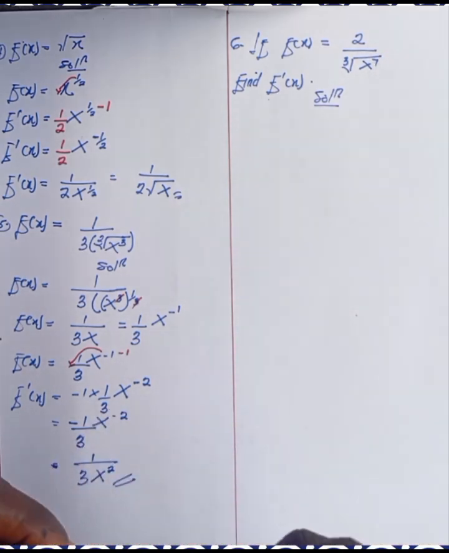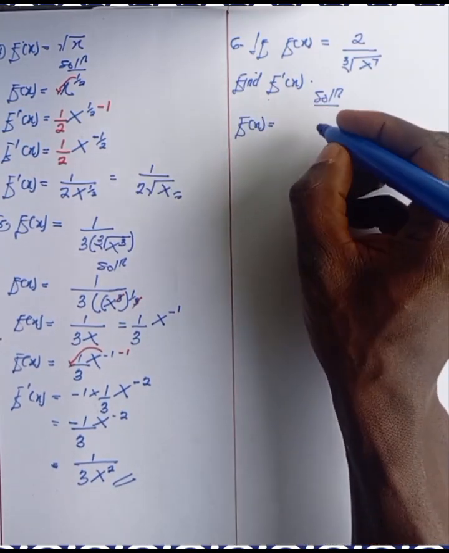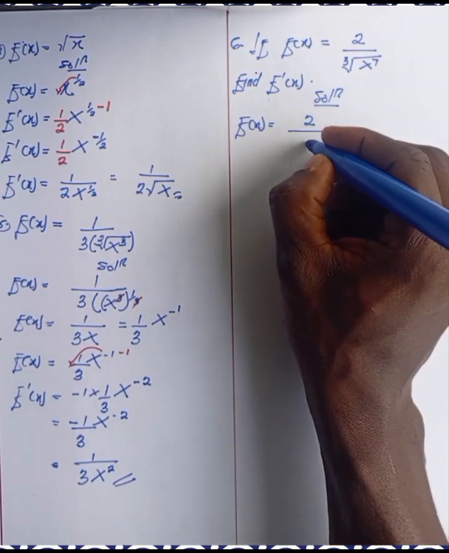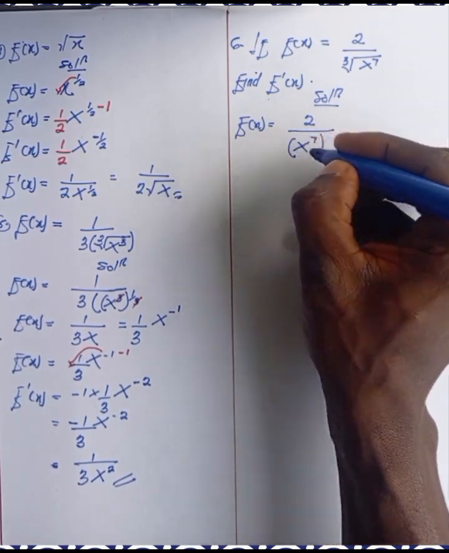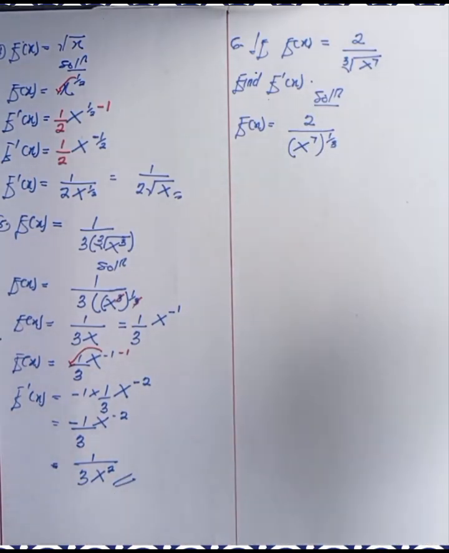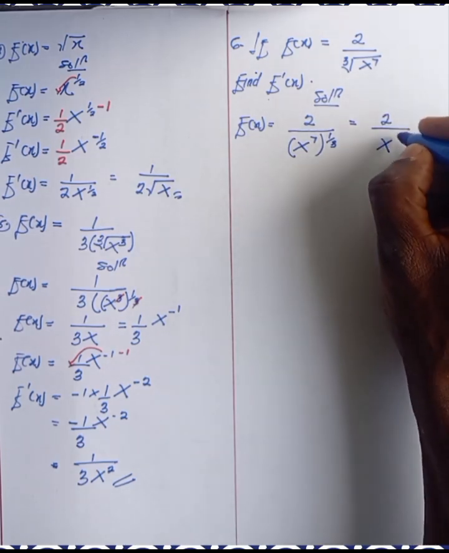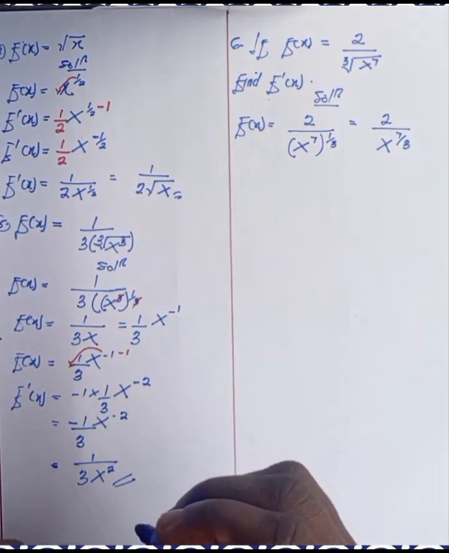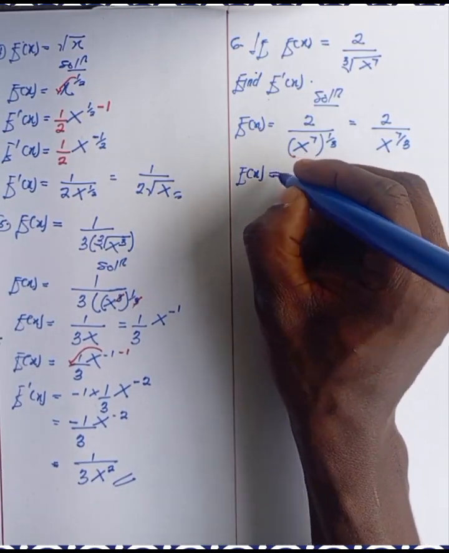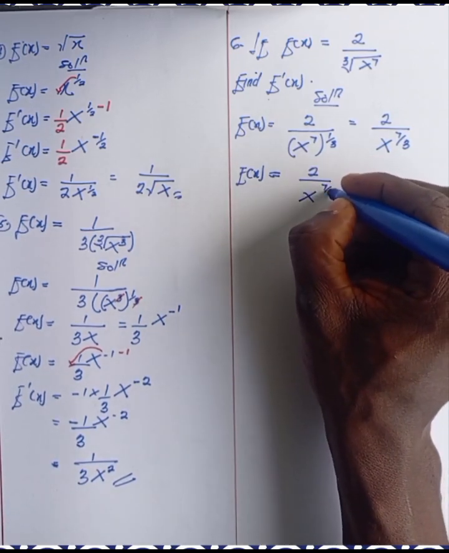So f of x is going to be 2 all over x exponent 7 under a cube root, and we know that cube root is the same as what? 1 over 3. So we are going to get 2 over x exponent 7 over 3. Therefore, our function now is 2 over x exponent 7 over 3.